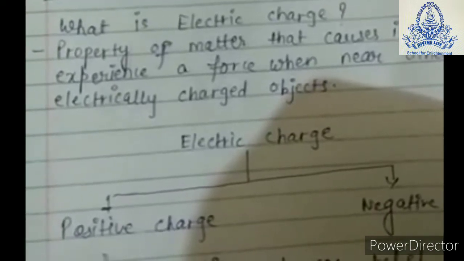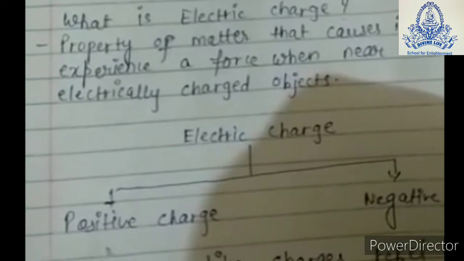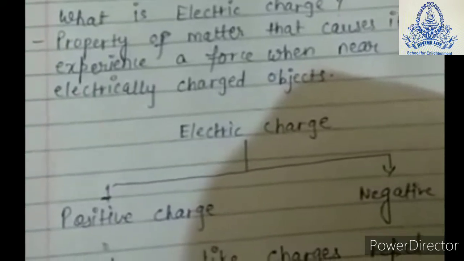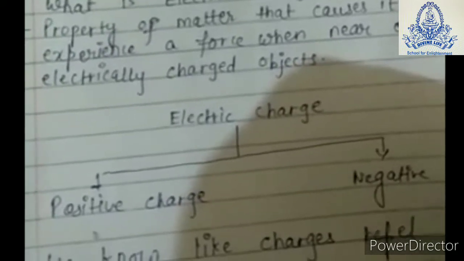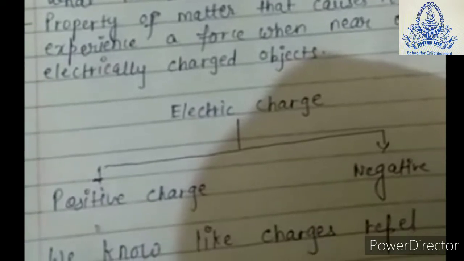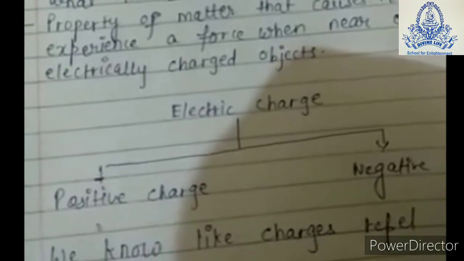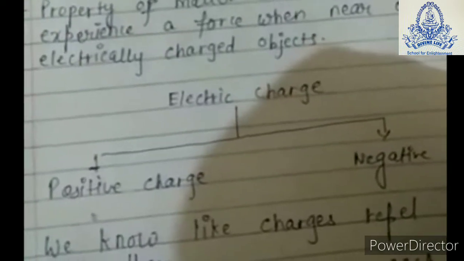When your comb becomes electrically charged, what will happen? It will possess either positive charge or negative charge. When the comb is repeatedly moved through your hair, it will again possess positive charge or negative charge.